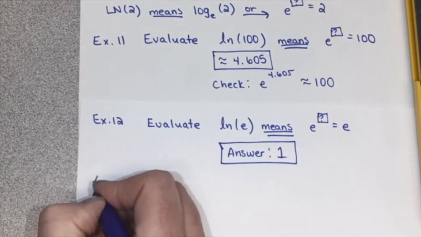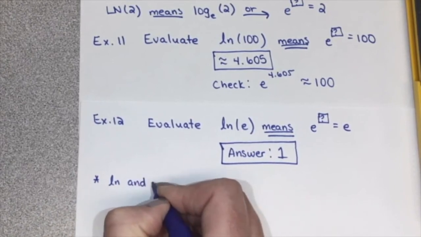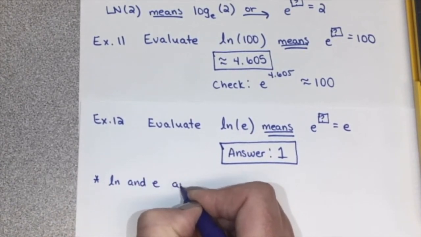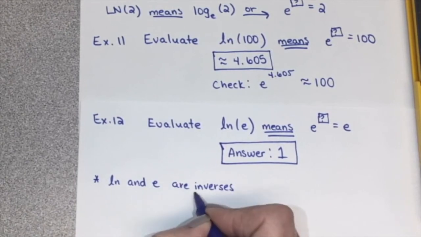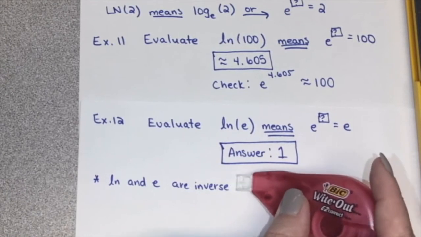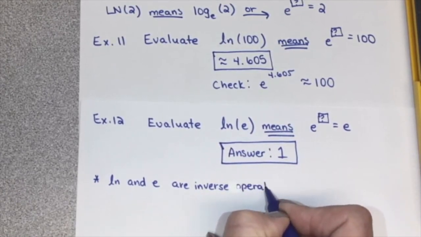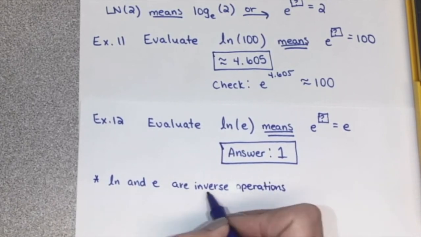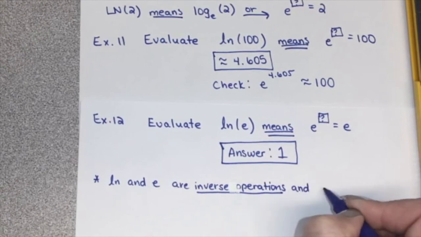So what actually happens when you have natural log and e is they're opposites of each other. Natural log and e are, remember, inverses of each other. More specifically, they're inverse operations. So kind of like addition and subtraction are opposites, kind of like multiplication and division are opposites, ln and e are also opposites.